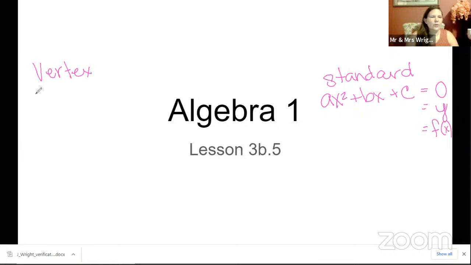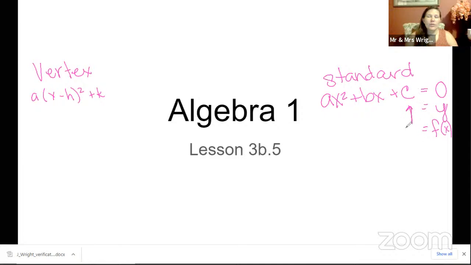Now, vertex form is a times x minus h squared plus k. Again, it's an expression, and you can set it equal to the same things if you want to make it into an equation. All right, each of these tells us different information. So c, remember, is the y value in the y-intercept.